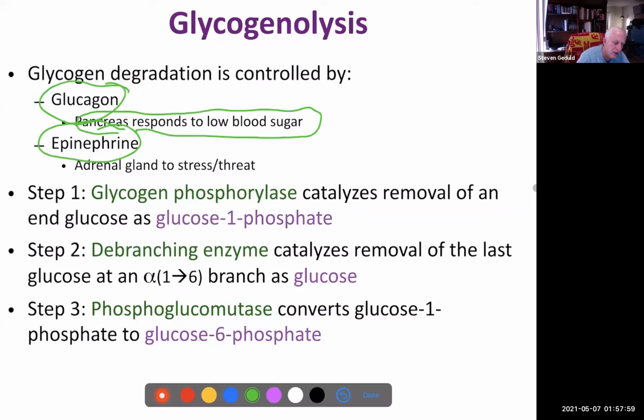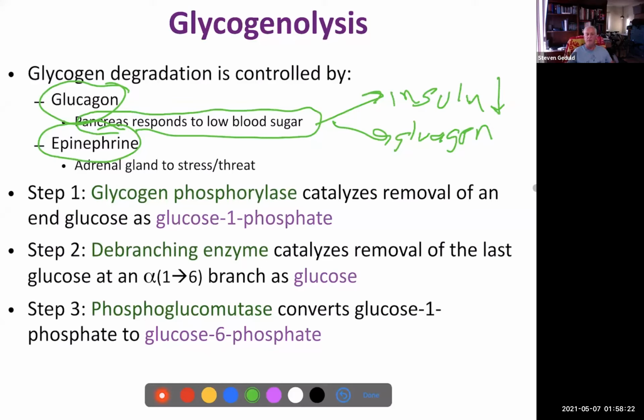The pancreas produces other digestive enzymes, but it also produces two endocrine hormones, insulin and glucagon. Insulin lowers blood sugar by taking glucose out of the bloodstream, forming glycogen. Glucagon increases blood sugar by breaking down glycogen.